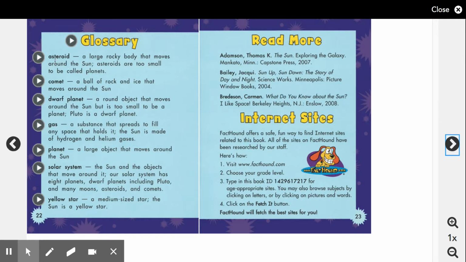They are also in alphabetical order or ABC order. Let's read them together. Asteroid, comet, dwarf planet, gas, planet, solar system, yellow star.